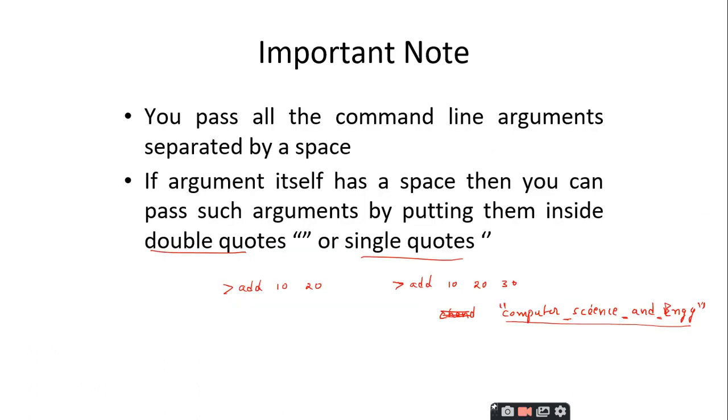The way you input the values is the program name separated with white space, then the first parameter separated with white space, then the second parameter, like that. That means you need to give a white space between these arguments, but when you have a string that itself consists of spaces, you need to enclose it within double quotations or single quotations.